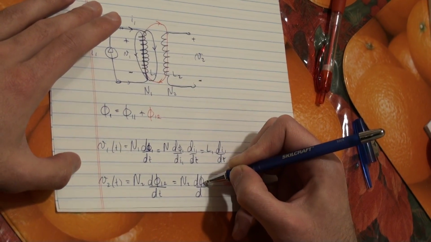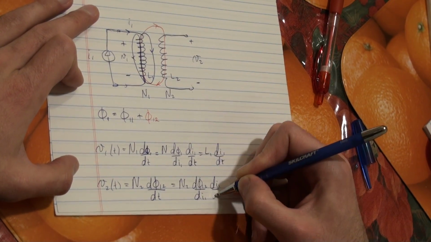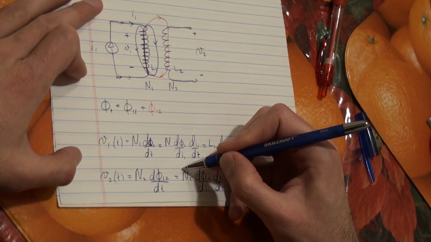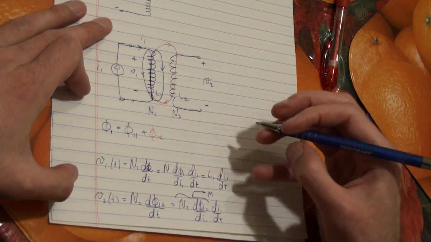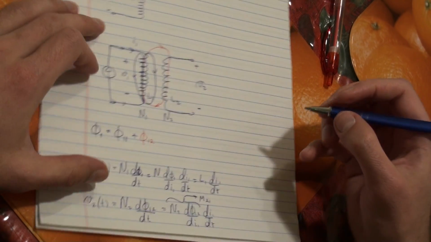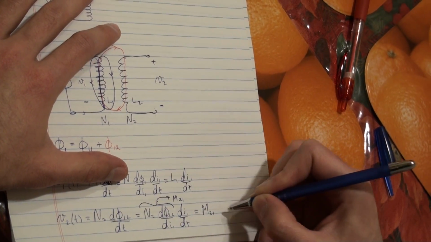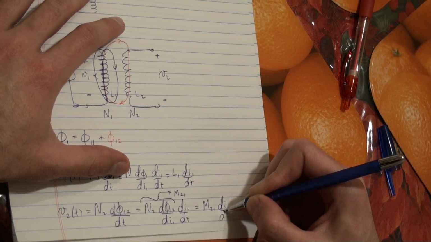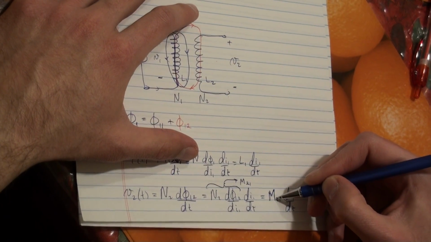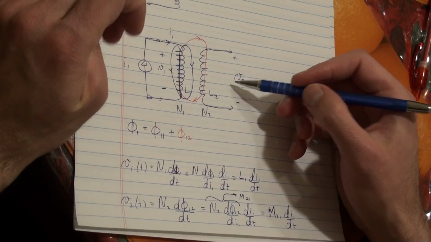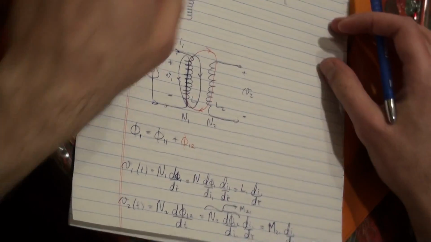Well, what's causing phi12? That's I1, so it's di1/dt. This is called M21, the mutual inductance. So it's M21 di1/dt. M stands for mutual inductance. It's the mutual inductance on coil 2 caused by coil 1, so that's why it's 2-1.